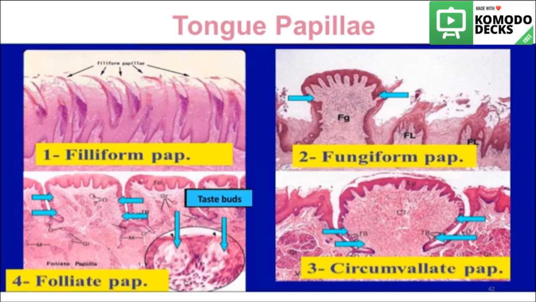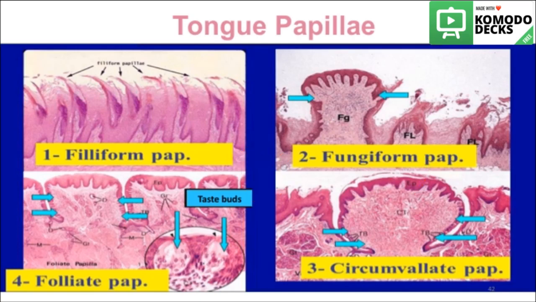The tongue papilla consists of 4 parts, named according to their shape. First is the filiform, which is thread-like. Second is the fungiform, which is mushroom-like. Third is the circumvallate, which is bordered, has raised edges.